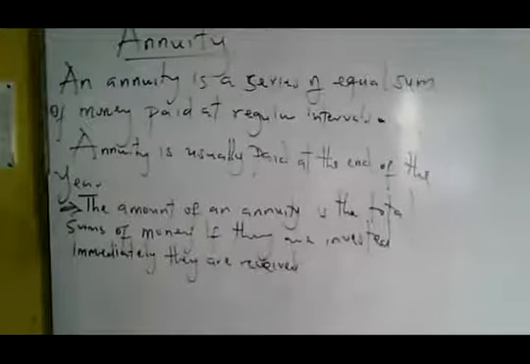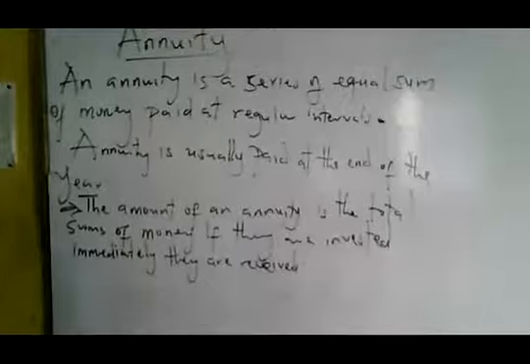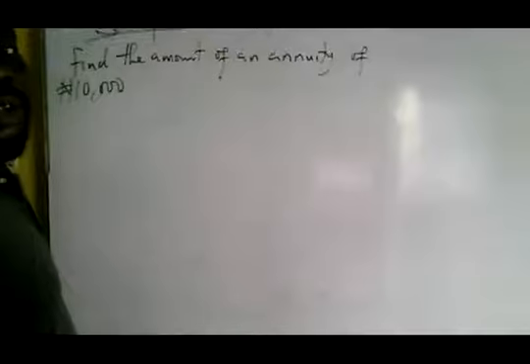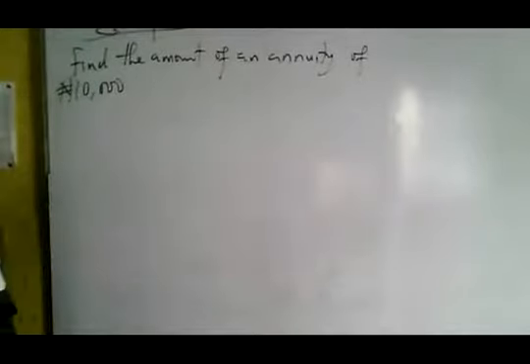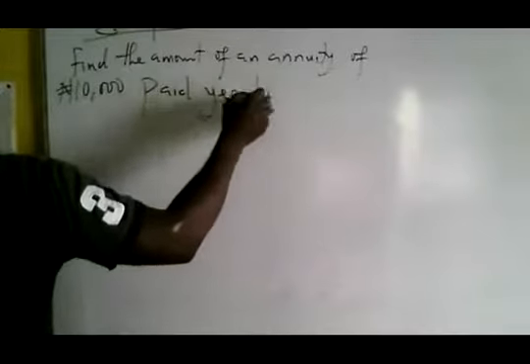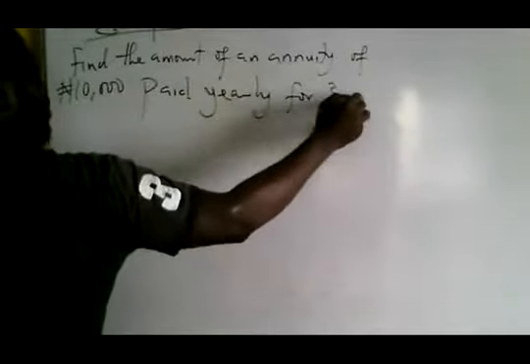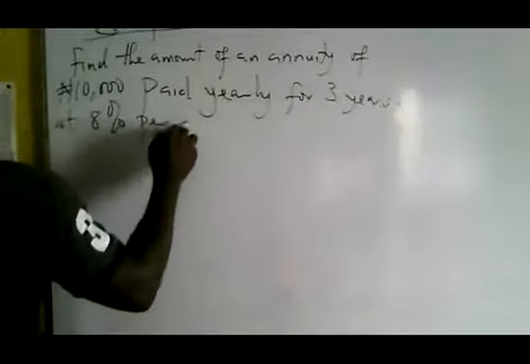Let's take a look at one very simple calculation on annuity. But in the meantime, quickly, let's write our notes. I can see some of us are still writing. Find the amount of an annuity of 10,000 naira paid yearly for 3 years at 8% per annum.